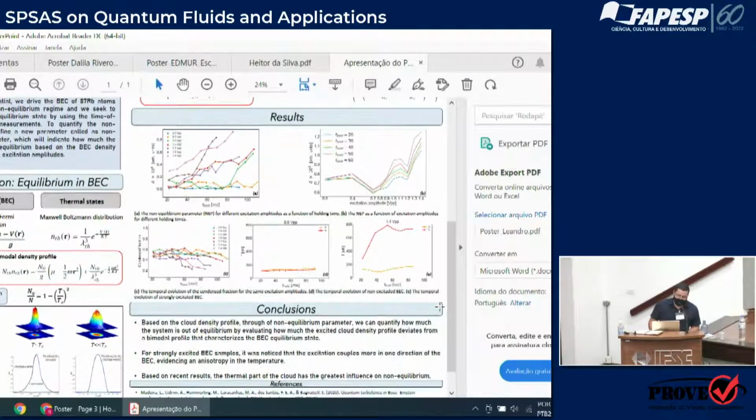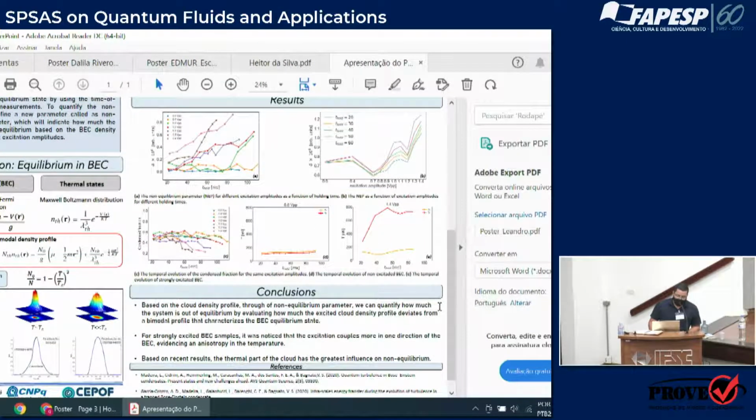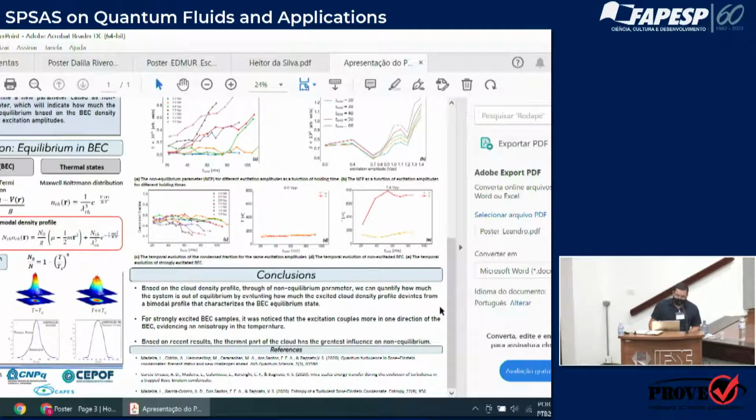When we talk about Bose-Einstein condensates, we know that the density profile is a parabolic curve given by the Thomas-Fermi curvature, and as the cloud has the thermal part too, we have the Maxwell-Boltzmann distribution, and then a Gaussian curve.